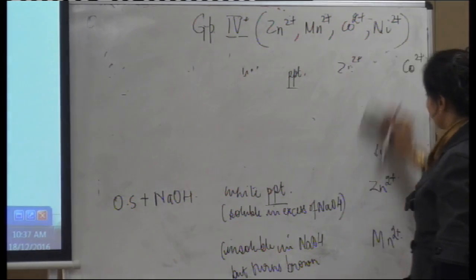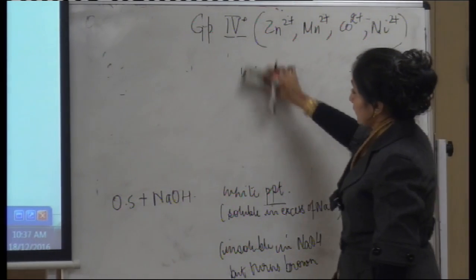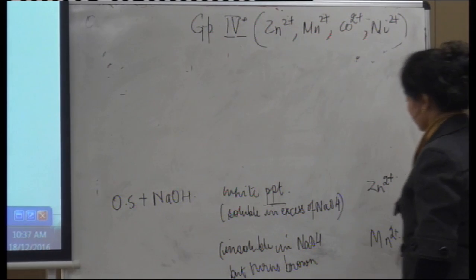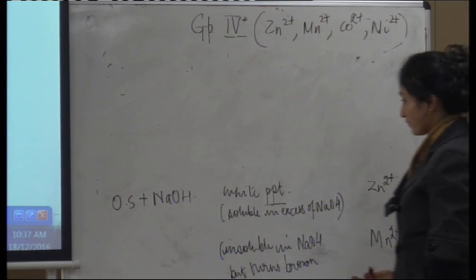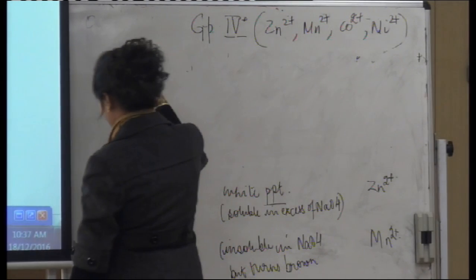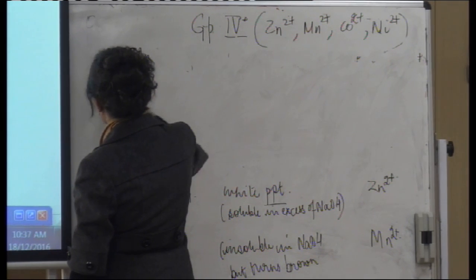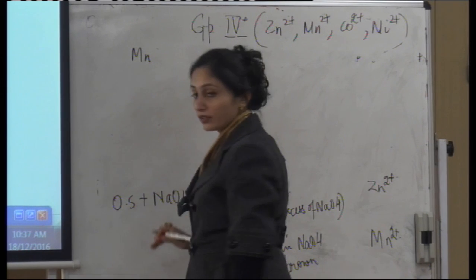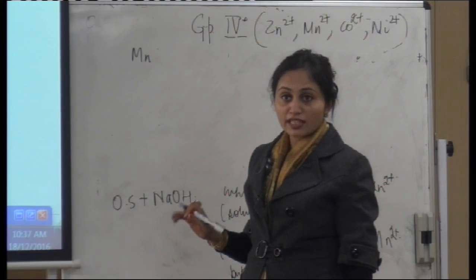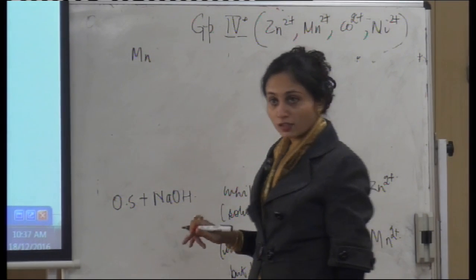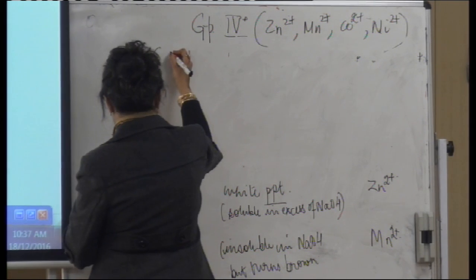Now here, what we have is Mn2+. What was your precipitate, the pale pink or whitish precipitate in Mn, due to? MnS. So we have the manganese sulfide precipitate.